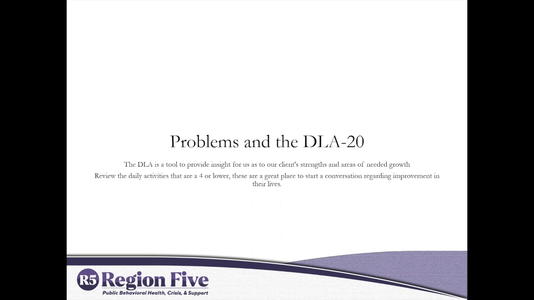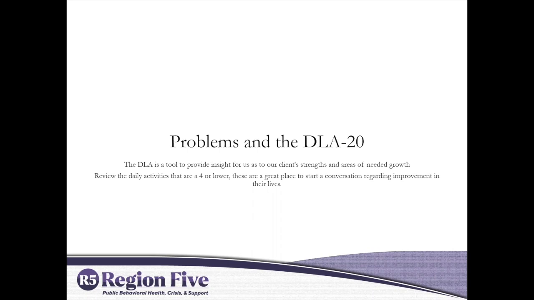We score folks on a range from 1 to 7. If you have a client that's in that 5 to 7 range, then that is an area of strength that you want to focus in on when you are working with them on a treatment plan or in just working with them in general. If they have a 4 or lower, those are areas of great conversation starters.